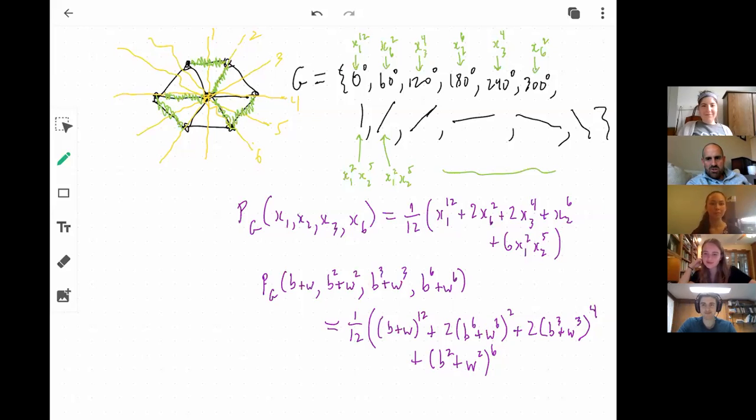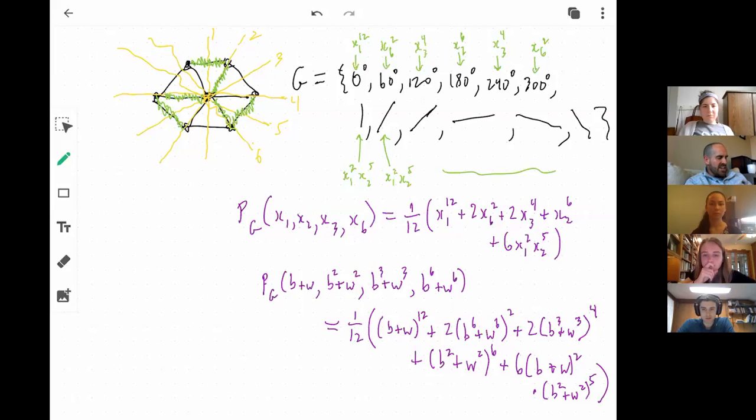They don't do that in the book; it's really example driven. I'm going to finish that off tomorrow very briefly. But then it's 6 times b plus w squared times b squared plus w squared to the 5th.